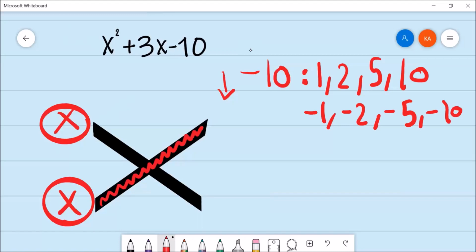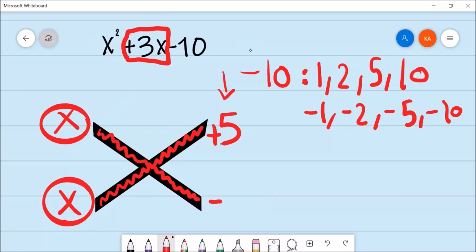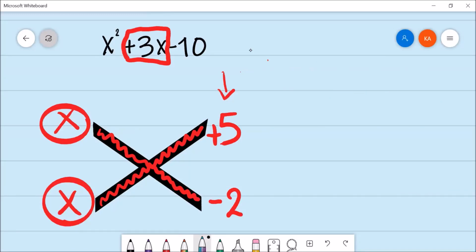We have to take into consideration that the product of the opposite factors must add up to positive 3x, because it is the midterm of our quadratic equation. So we choose 5 and negative 2. Now let's multiply them to check.